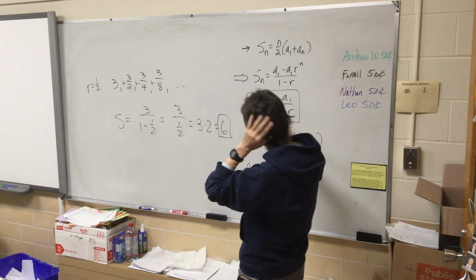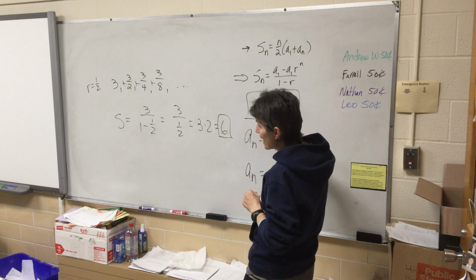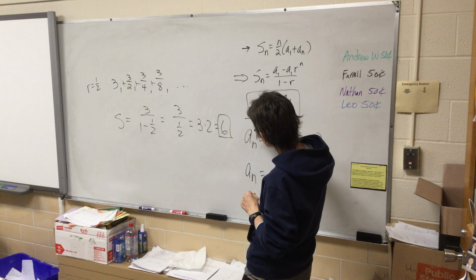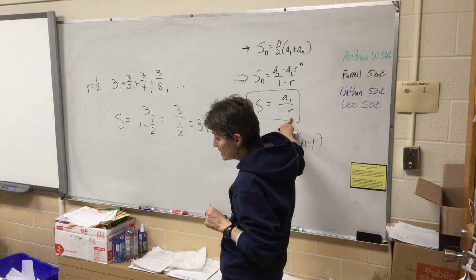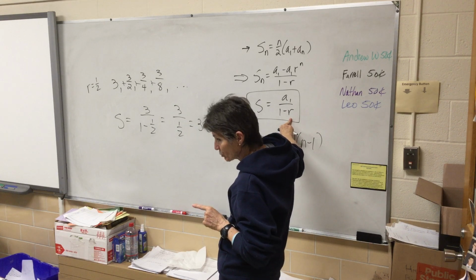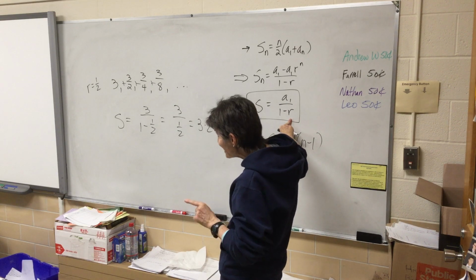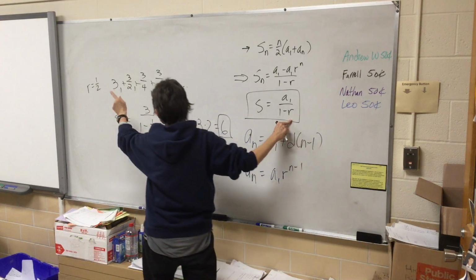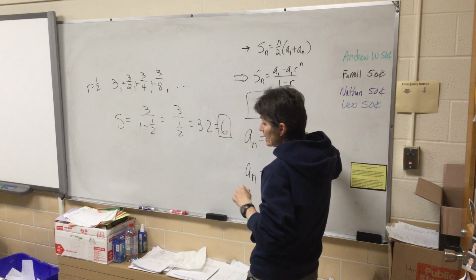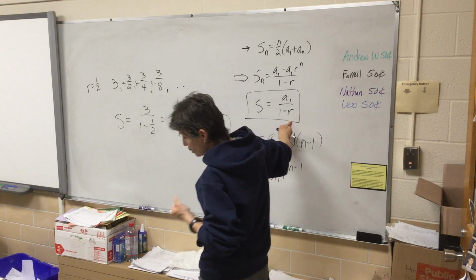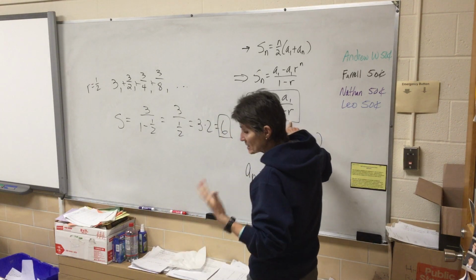Now, the only way you can do that, kids, this is the only formula that sums infinite. So the fact that it has an R in it means the sequence must be geometric, and the terms must be getting smaller. If they're getting bigger, you have no limit, no sum.